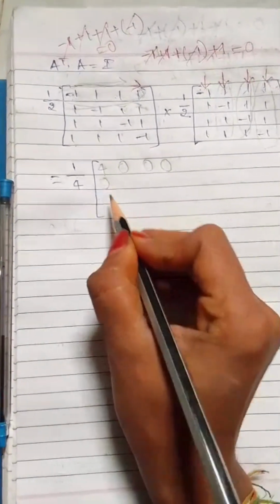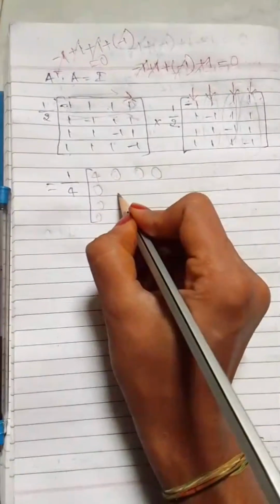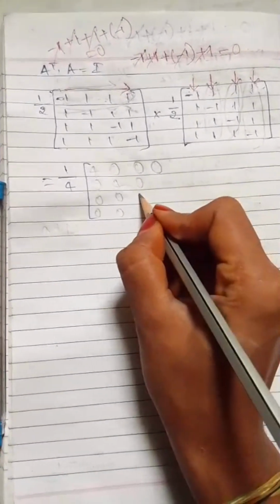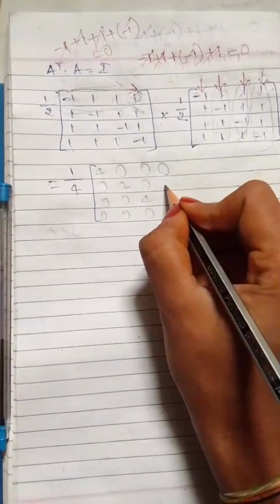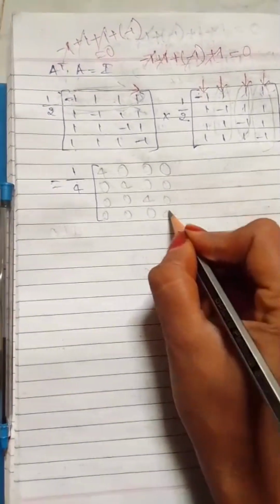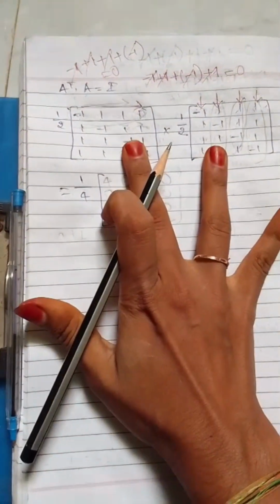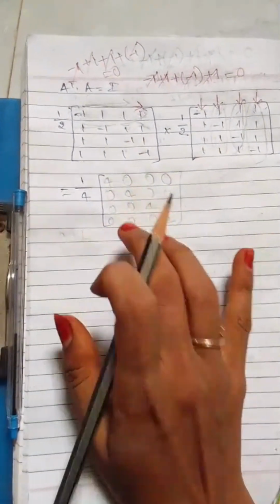For ones I have to take zeros. No need to find the next steps. It's a very easy step. If you don't know, or it's just a waste of your time, just write it as it is, because you will get like this only.